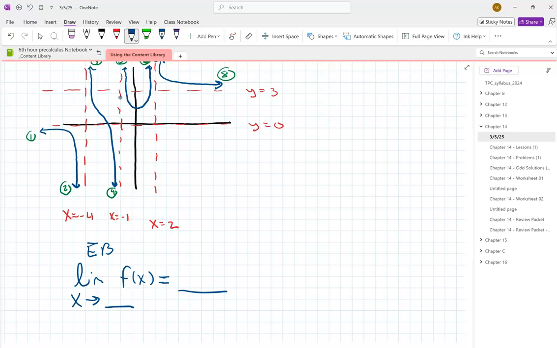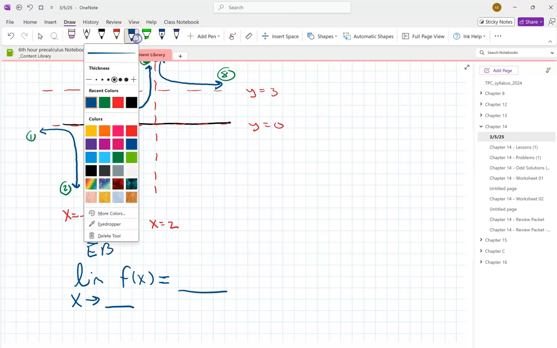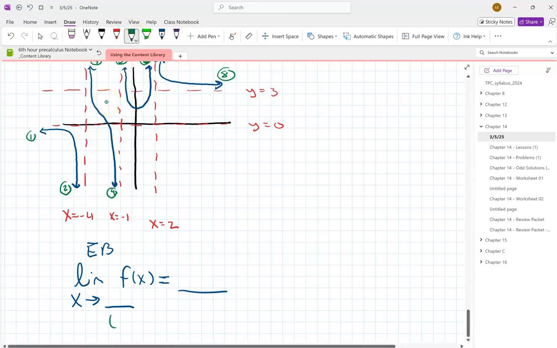That's our general format for our end behavior. The limit as x approaches something of f of x equals something. Well, this first blank, the x approaches, is kind of like an x, and this, where the limit equals, is kind of like a y.